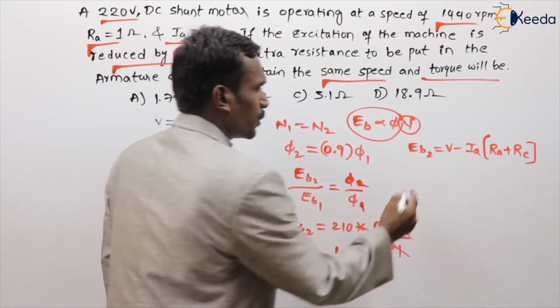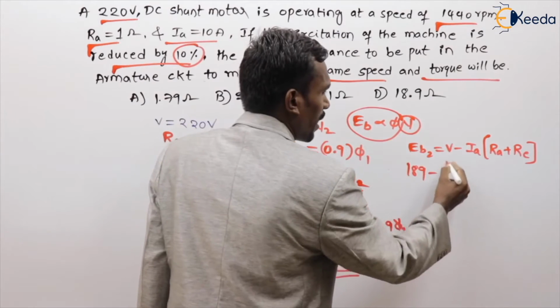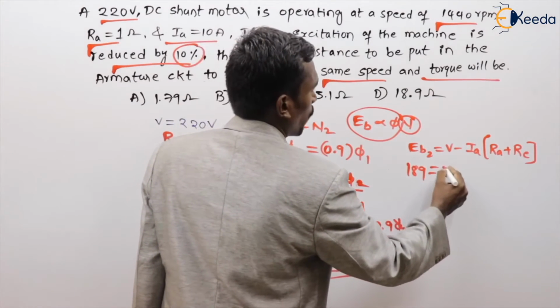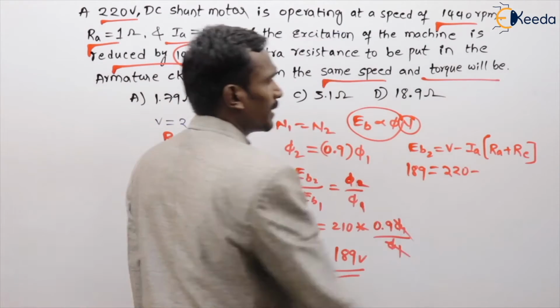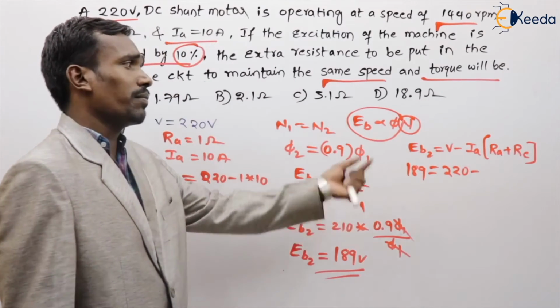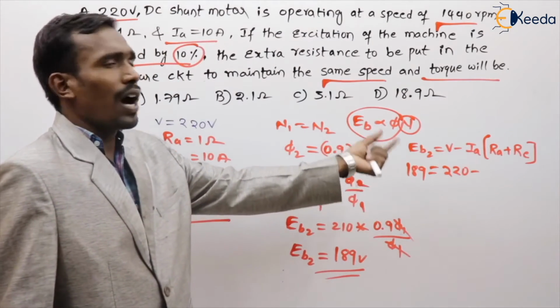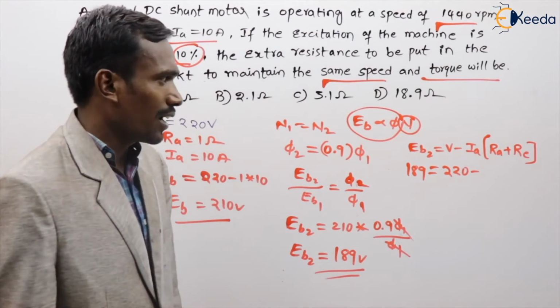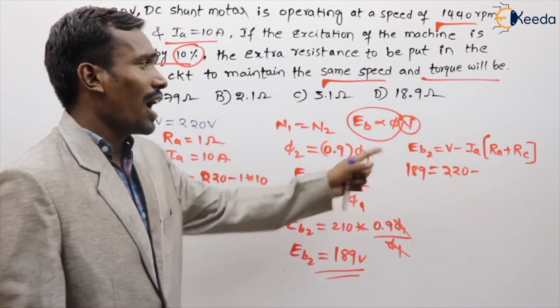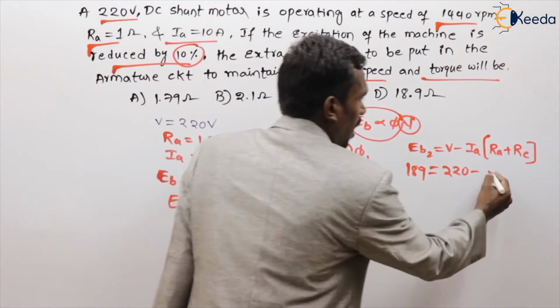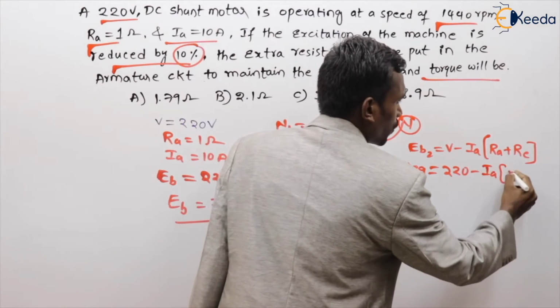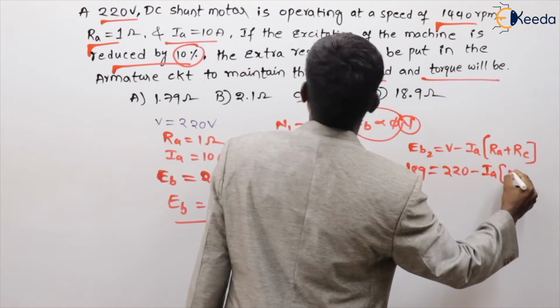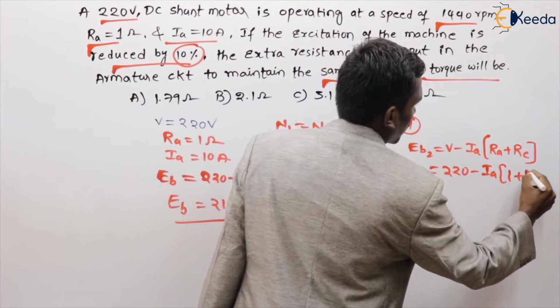EB2 value is 189, V value is 220, minus IA into (RA plus RE). RA is given as 1 ohm, plus RE.